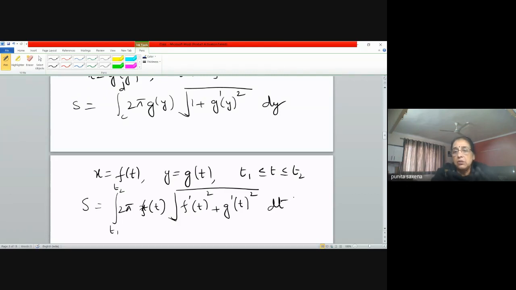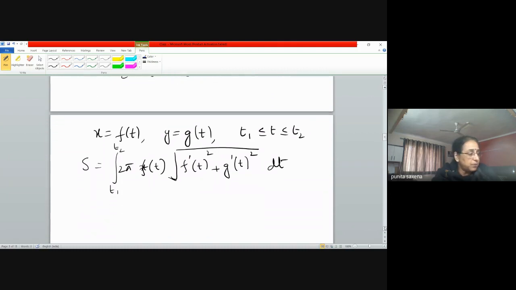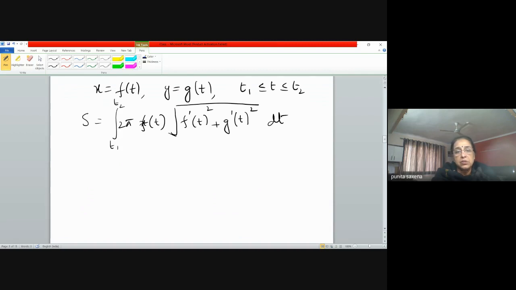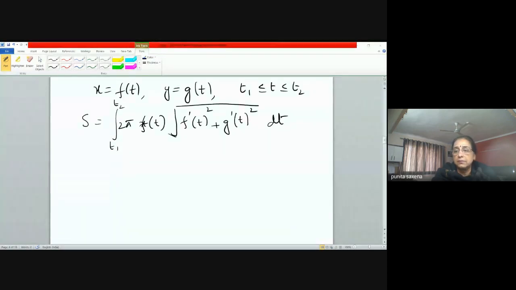Okay, so these are the three formulae for the surface area and the earlier three formulae for the length. Okay, so this covers your exercise 5.4 and 5.5. Okay.